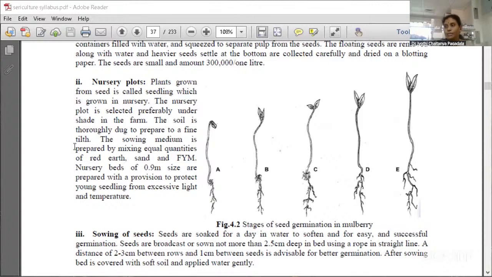Mulberry is propagated through seeds, which is very easy and cheap. This process brings about a varied population for selection and hybridization. The seeds are used for obtaining stock material for grafting.